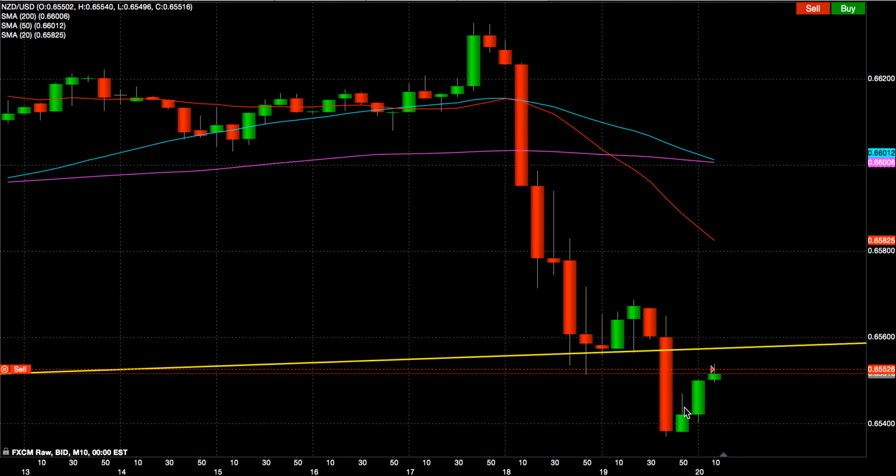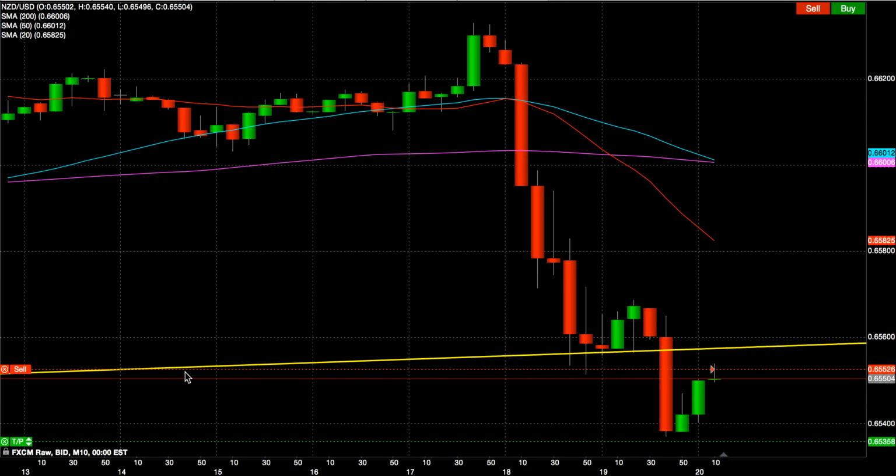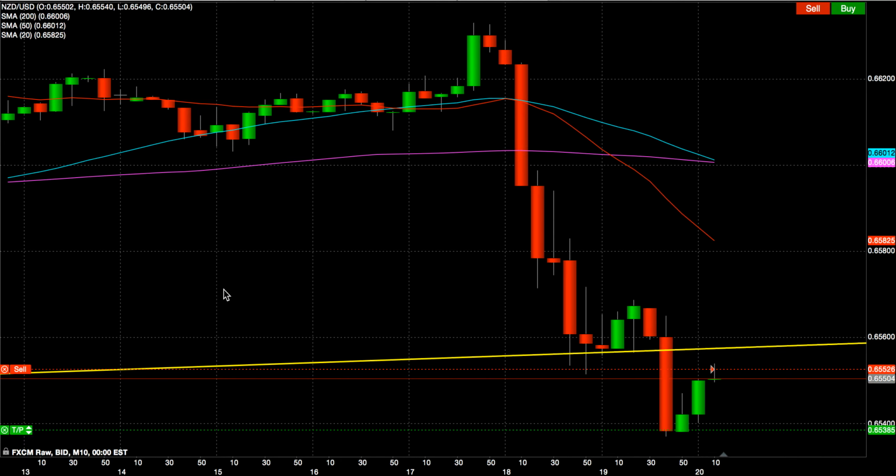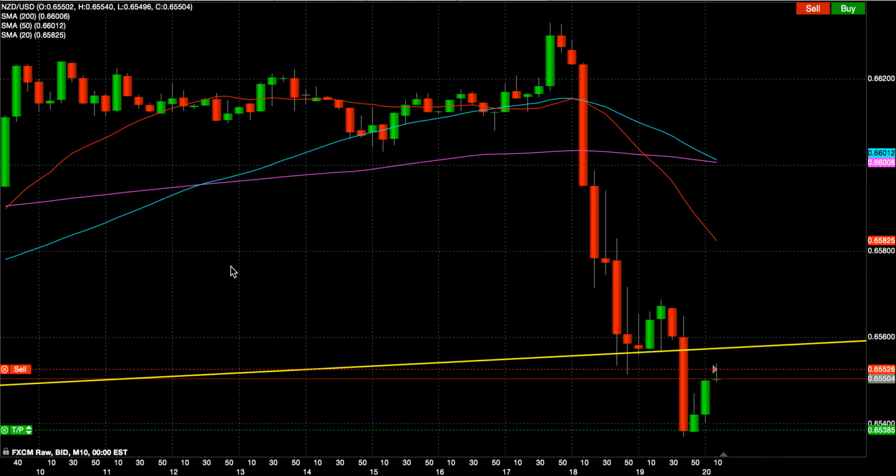Now this is an inside bar pattern. Should this play out, we should come back down here and retest this low. So I'll put my take profit mark right about there. There we go. So I'm currently up about 1 pip on this trade now.